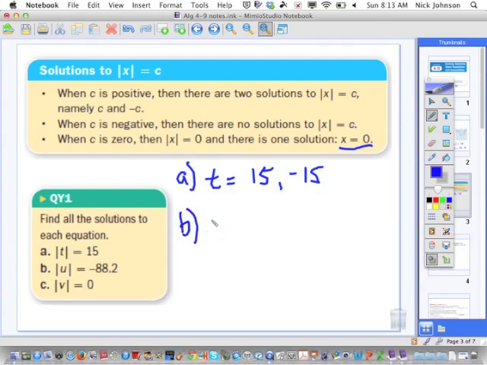If you look at B, what values of u equal a negative 88.2? Can you have an absolute value equal a negative number? No. So there are no solutions. And C, for what values of v does the absolute value equal 0? There's only one value that equals 0, and that is 0. Okay? Pay attention to these three things.